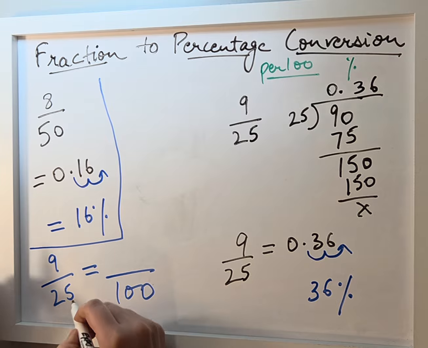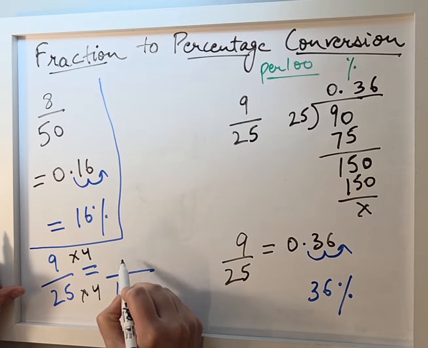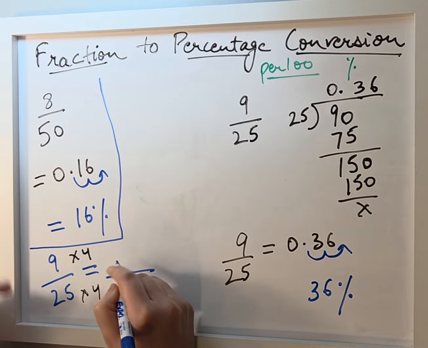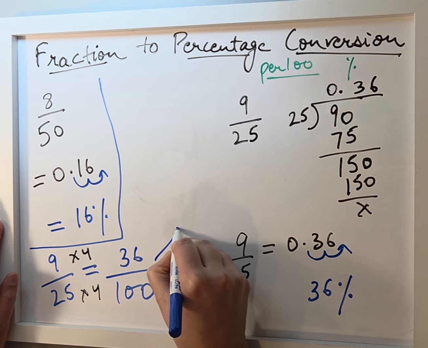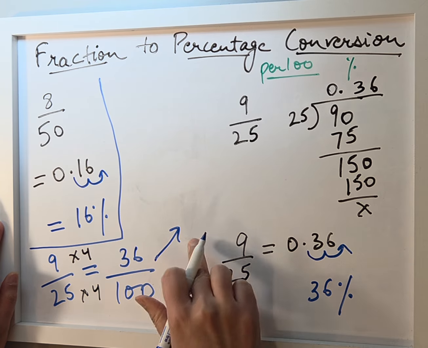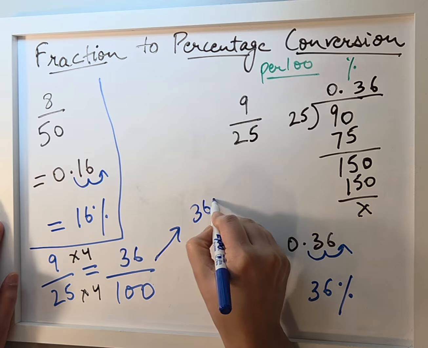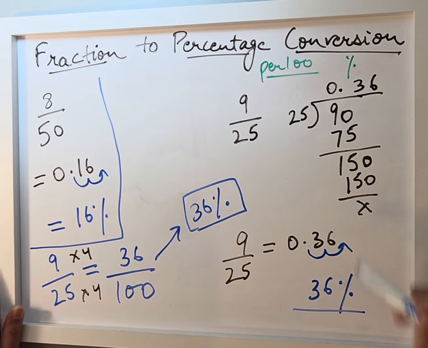To make 25 into 100, we have to multiply it by 4. So 9 also gets multiplied by 4 and it gives us 36. And we know whenever we have a fraction over 100 and we have to convert to percent, we can directly write it as 36%. So either you do the division method, or you do this method, you'll get the same answer.